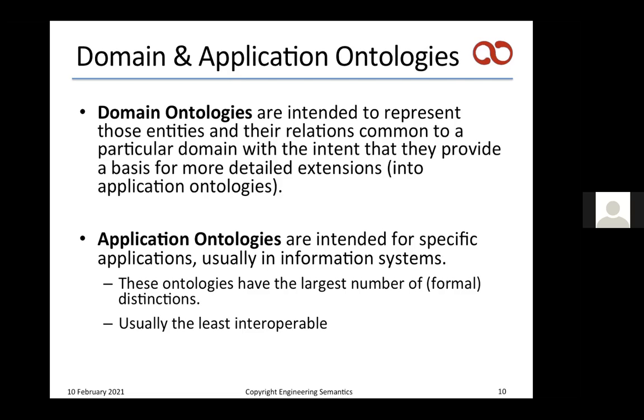They have the most formal distinctions, and usually they're the least interoperable. One thing I didn't point out is the degree of interoperability among those types of ontologies, but that should be apparent based on the number of distinctions and their, if you like, consistent semantics. Now, one way to view these types of ontologies is in the following diagram.